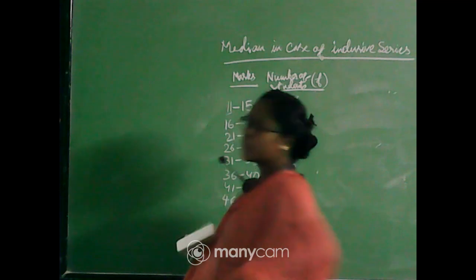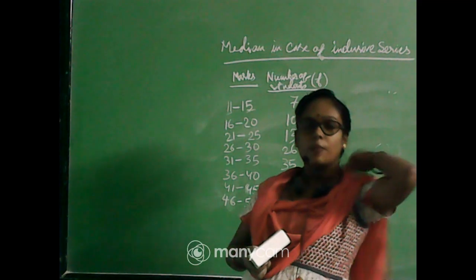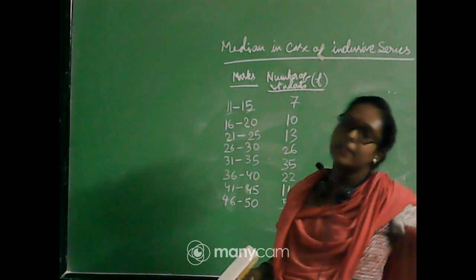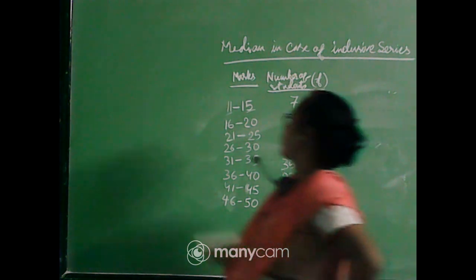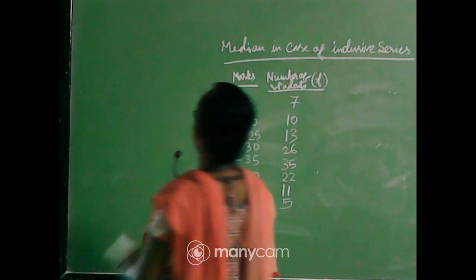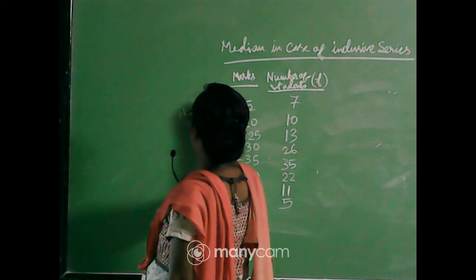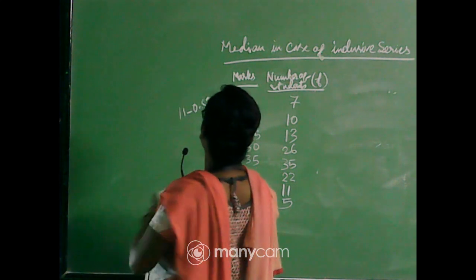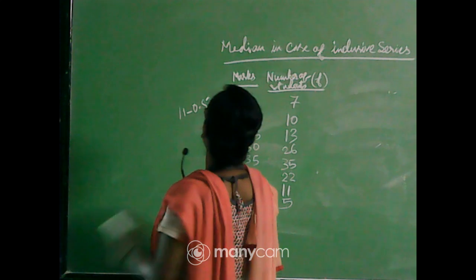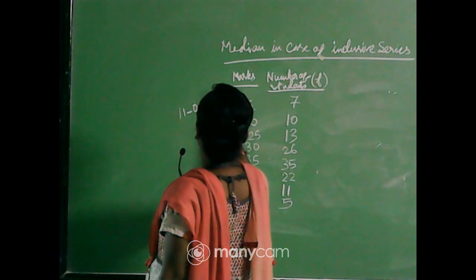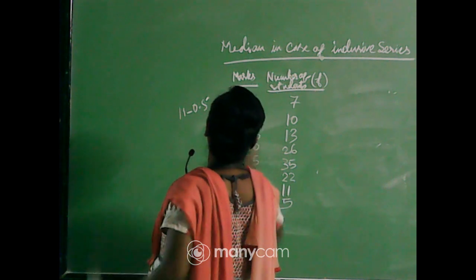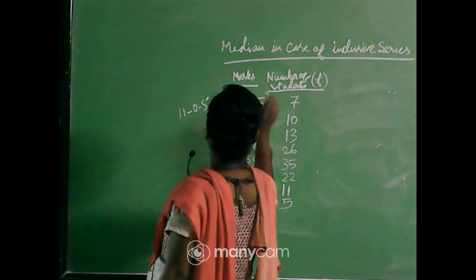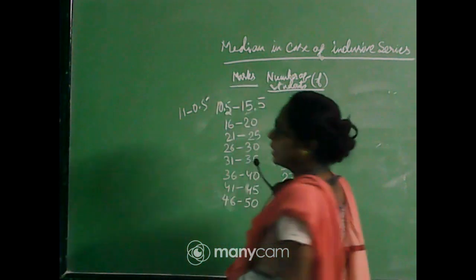The formula is that we subtract 0.5 from the lower limit and we add 0.5 to the upper limit. If we subtract 0.5 from 11, we get 10.5, and if we add 0.5 to 15, we get 15.5. Understood?